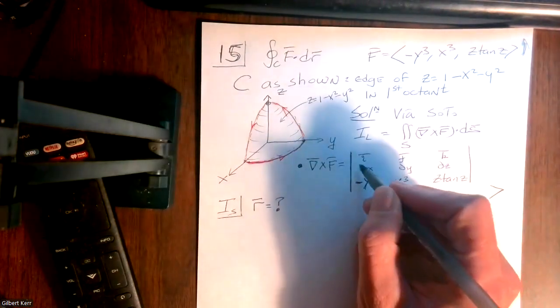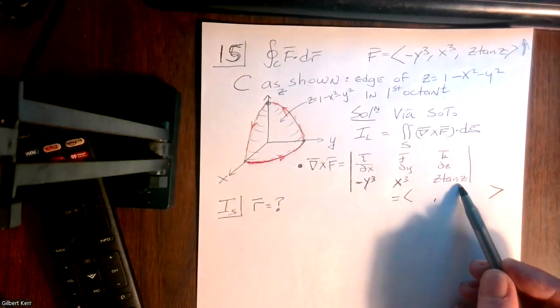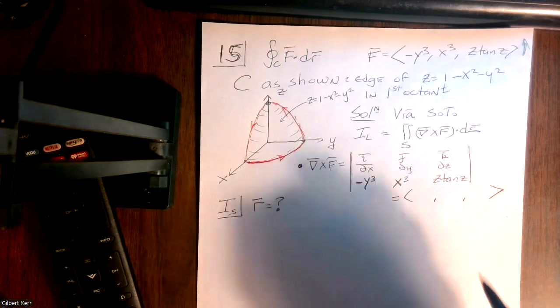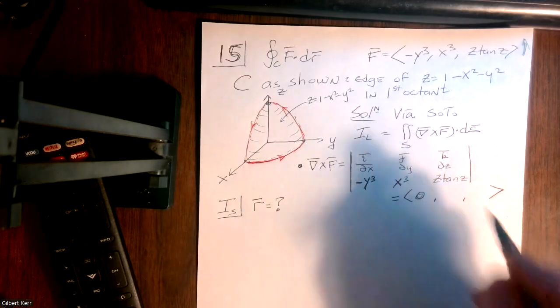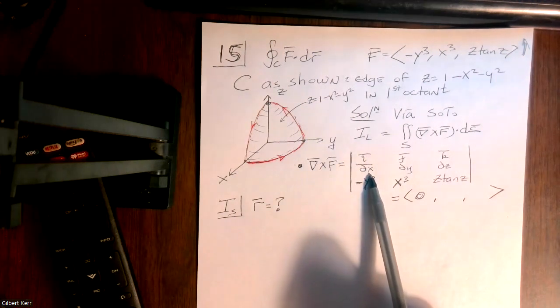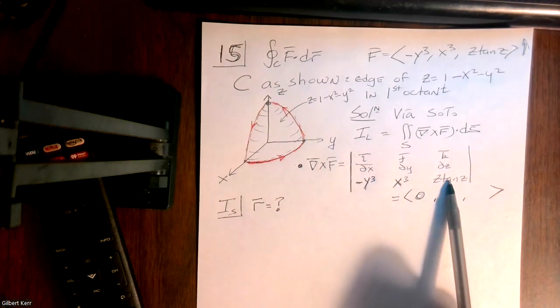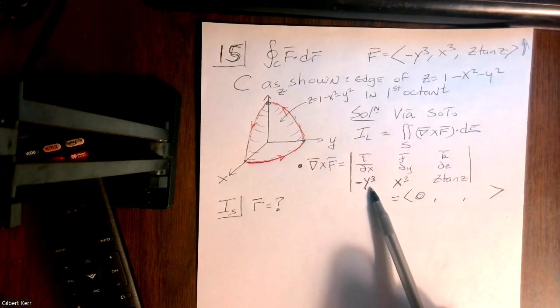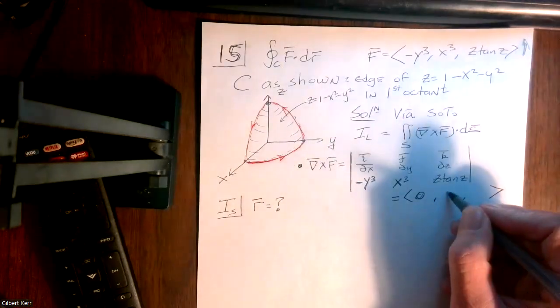So the first component, we're taking a partial of this with respect to y, which gives us 0, and then minus a partial of this with respect to z, which is also 0. For the middle component, something similar happens. We get partial with respect to x of something which just depends upon z, and then partial with z of y cubed.